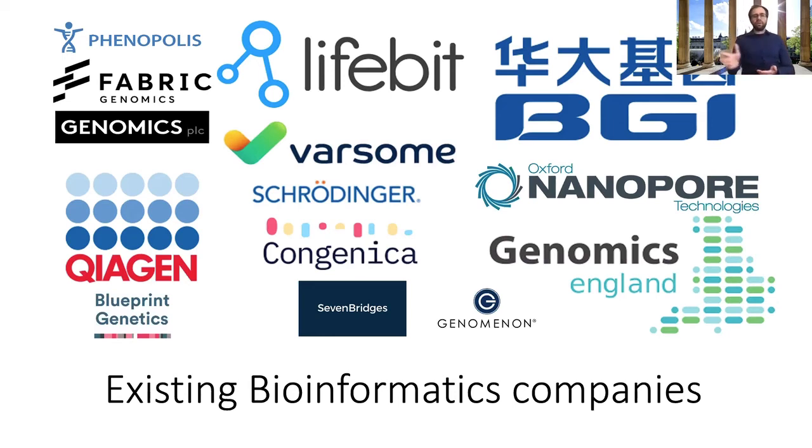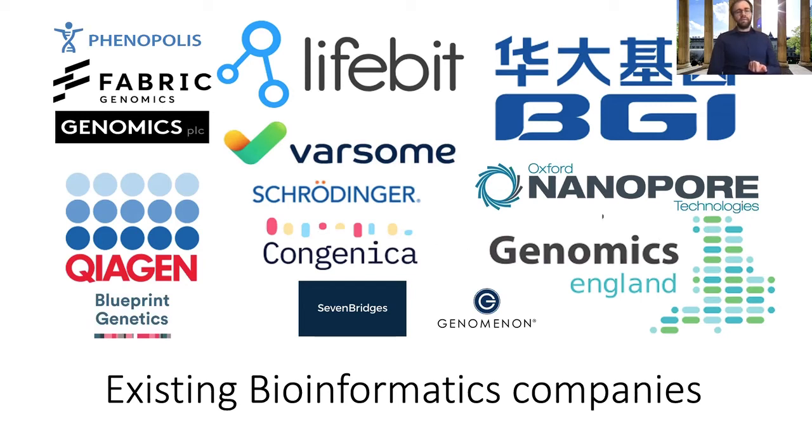It's also known as the 100,000 Genome Project, and that has been sequencing, as the name indicates, over now 100,000 individuals. Along with the sequencing, they've been developing a lot of bioinformatics software and using existing bioinformatics software as developed by Congenica and Fabric Genomics.